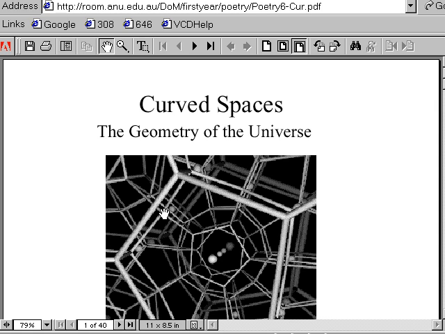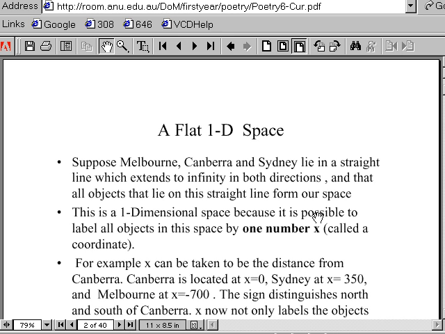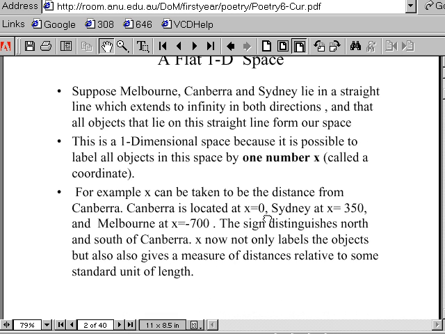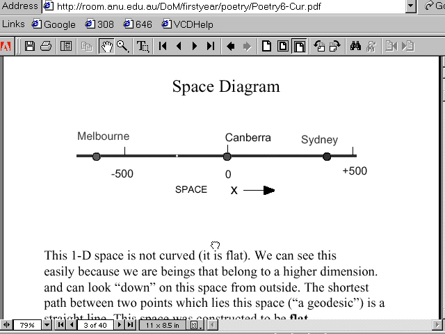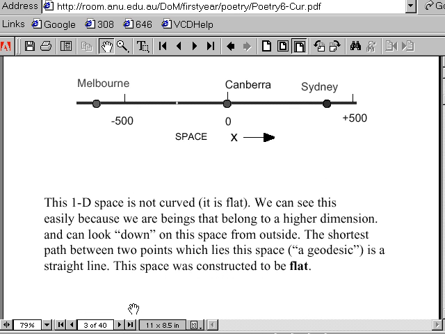As I mentioned before, there's a very deep interaction between modern physics, the theory of general relativity, and the local curvature of space. This PDF manuscript is 40 pages long and has some nice pictures in it, but it's more or less a nice little slideshow. Now this is from Australia, so it talks about coordinates relative to Melbourne, Canberra, and Sydney.